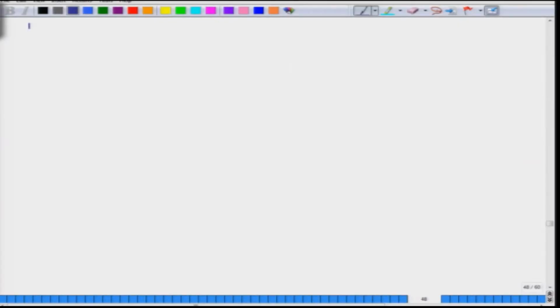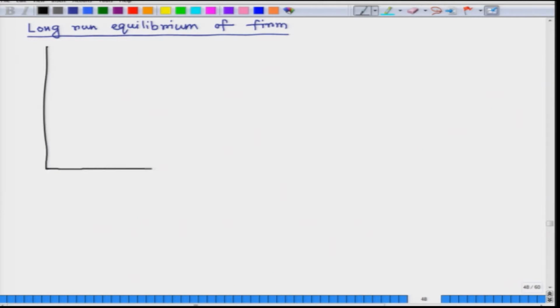Now, let us look at the long run equilibrium position of a competitive firm. So, again we need to draw a complicated diagram to show the long run behavior of the firm.